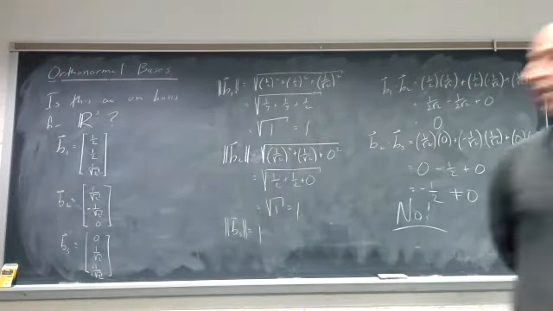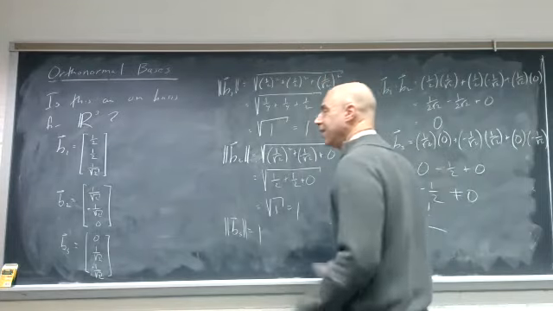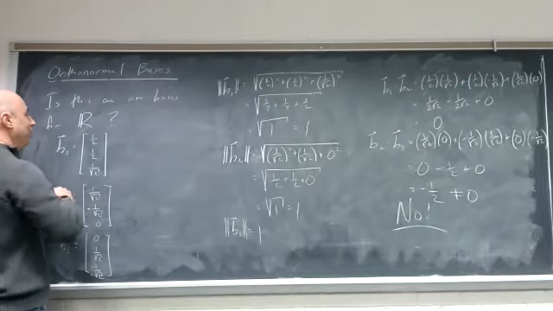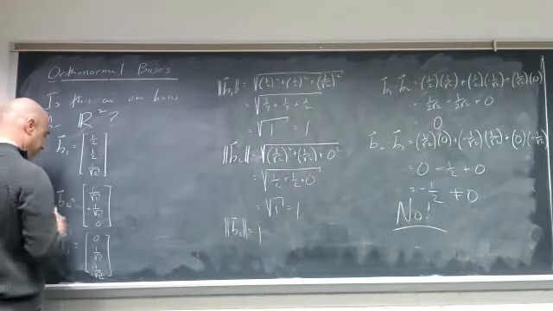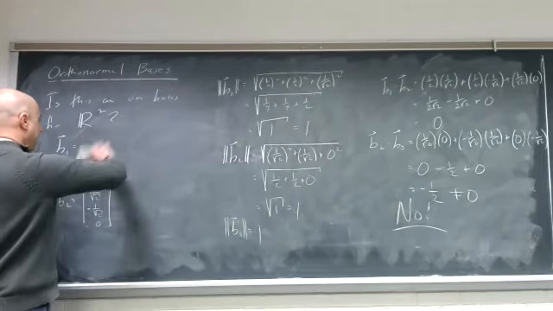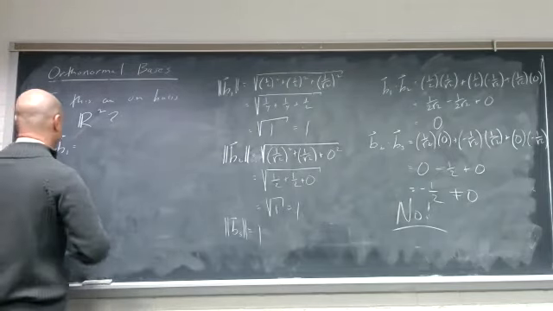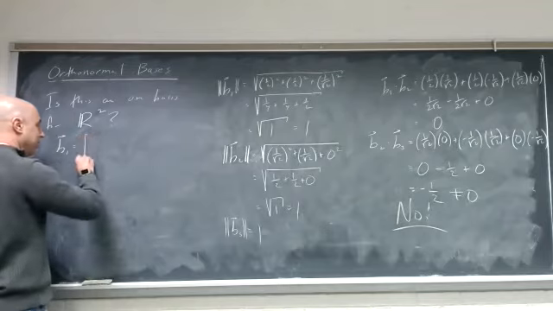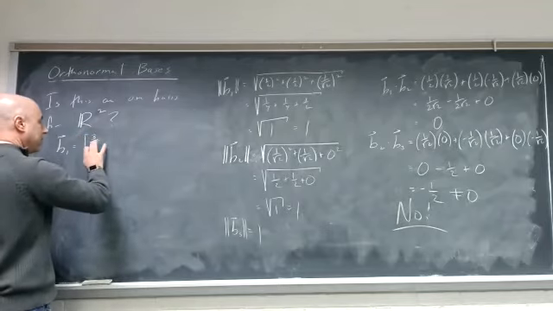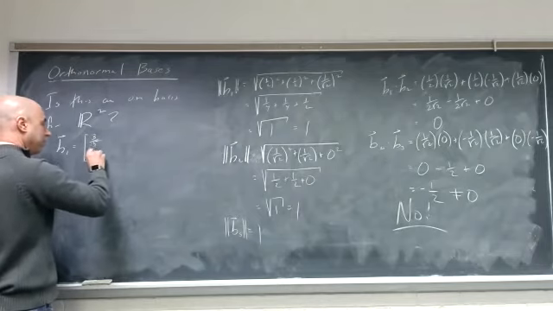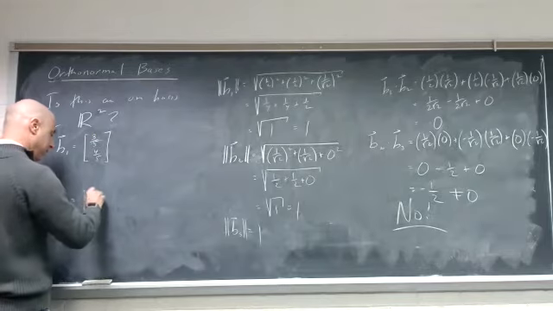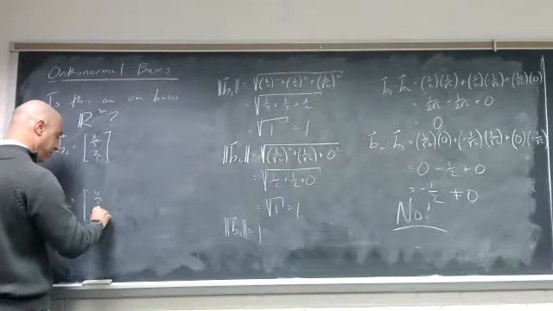Let's do another one, going from R3 to R2. How about 3/5, 4/5, and 4/5, minus 3/5.